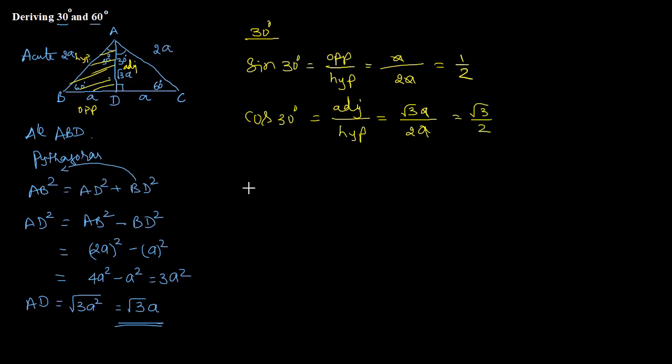So let's do the same thing, sine 60. If I'm going to consider sine 60, which is this, that will be my opposite, and this will be my adjacent.